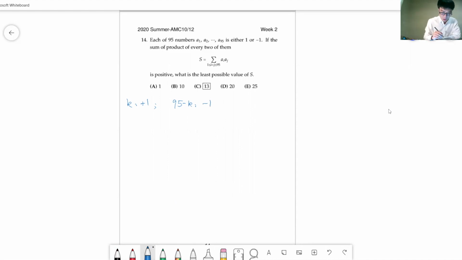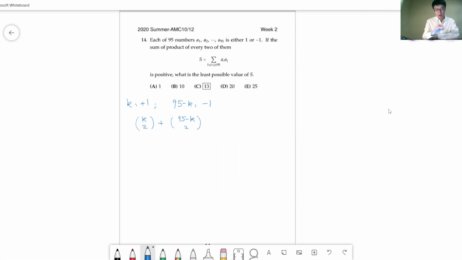So the product is either 1 or minus 1, right? So how many 1s do we have? If the product equals 1, that means these two numbers have the same sign, either both positive 1 or both negative 1. So we have k choose 2 for all positive ones, plus 95 minus k choose 2.